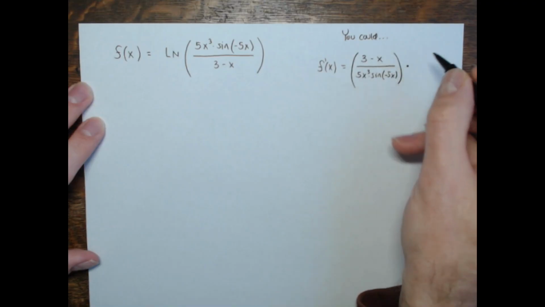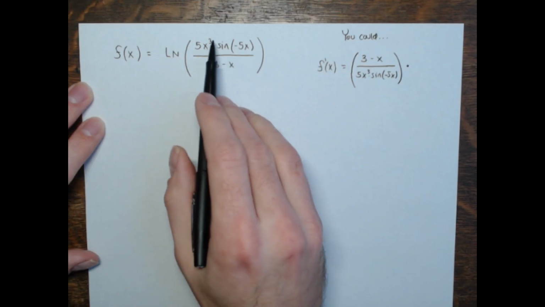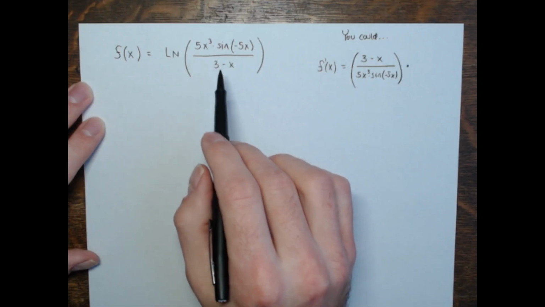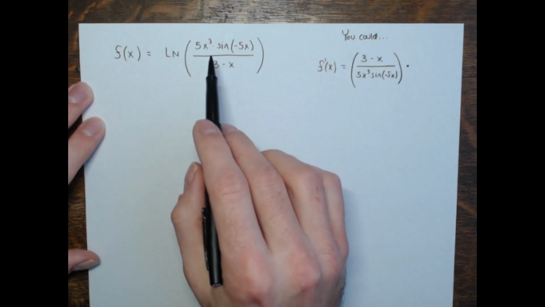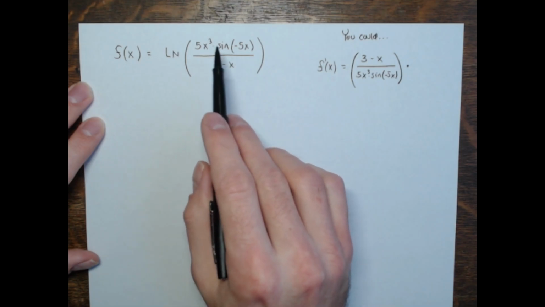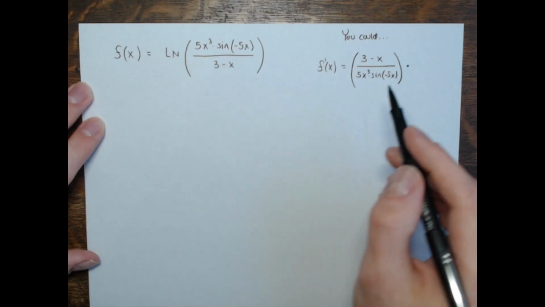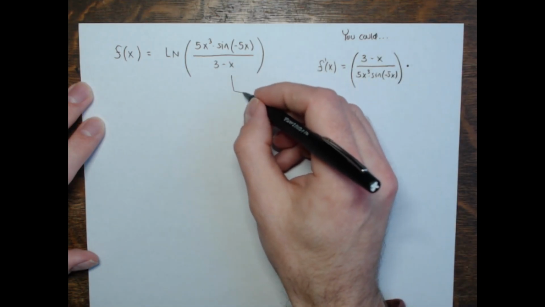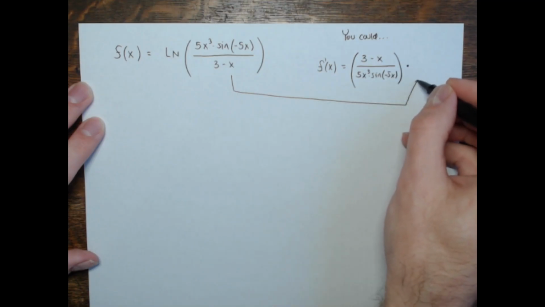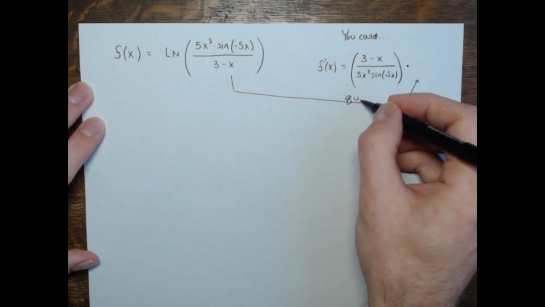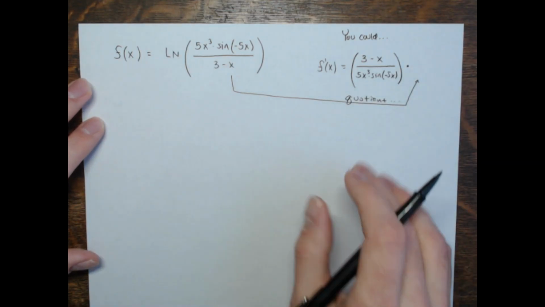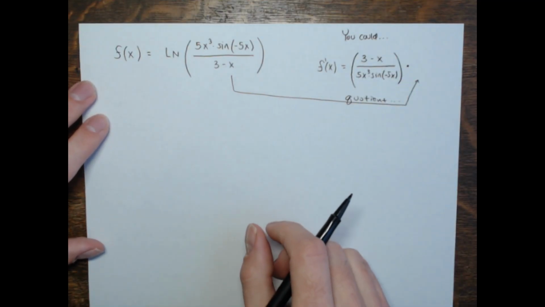But then times the derivative of this expression inside, where I'd have to use the quotient rule. And when I do the derivative of the numerator, I'd have to use the product rule and the chain rule. Like, it would be a little much, but then I would multiply by the derivative of the expression inside and apply the quotient rule and product rule and chain rule, blah, blah, blah. That would be a little nasty looking, I think.